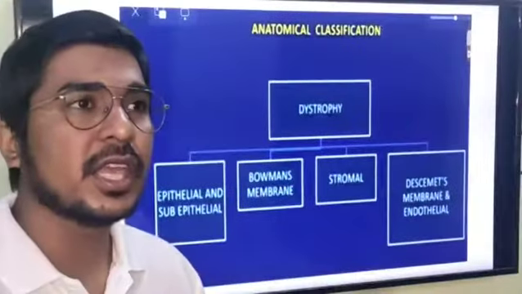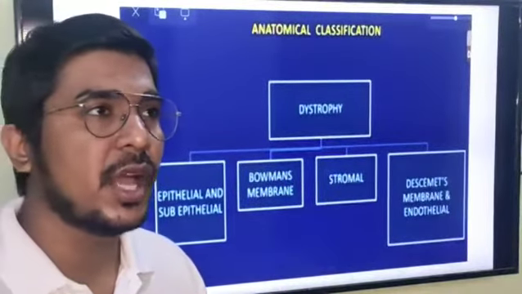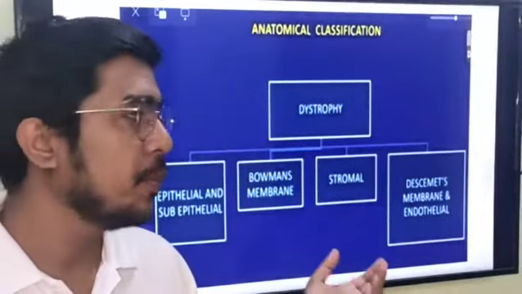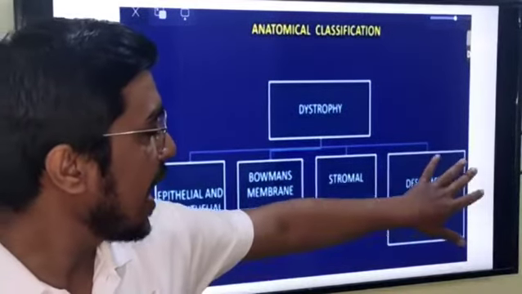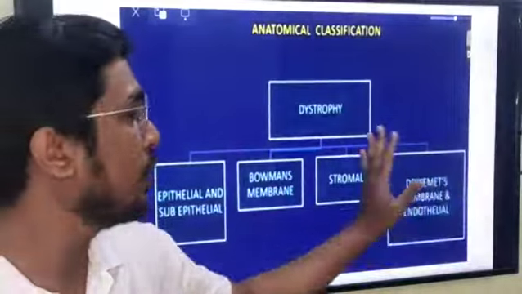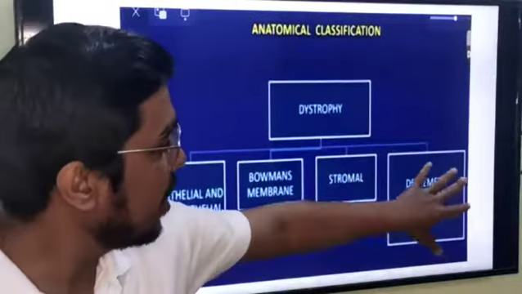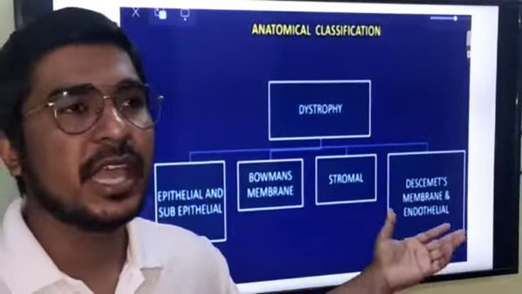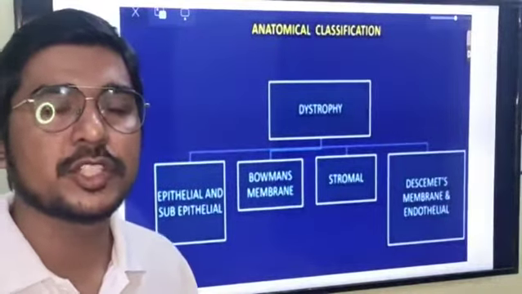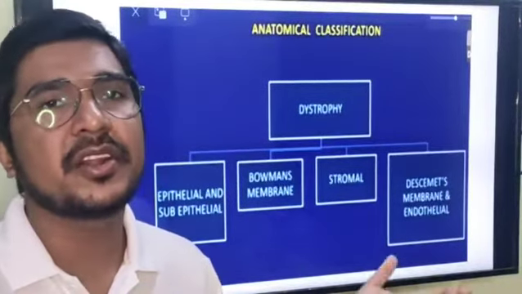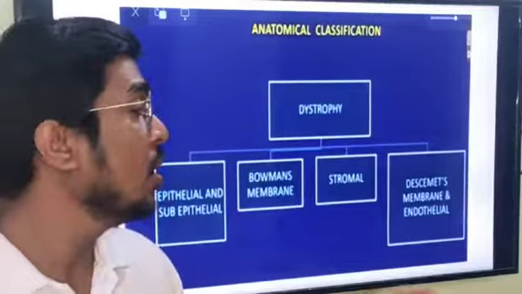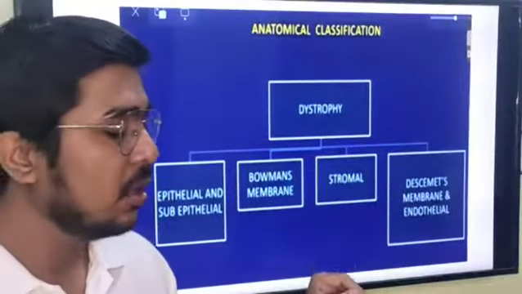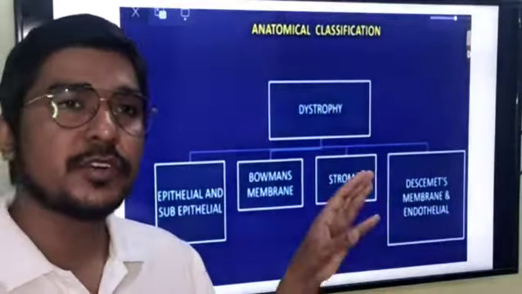Stromal has lattice, granular, and macular dystrophies. And endothelial has FECD, Fuchs endothelial corneal dystrophy, CHED, congenital hereditary endothelial dystrophy, and PPCD, posterior polymorphous corneal dystrophy.